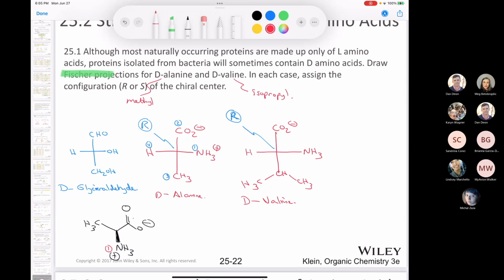I go from 1 to 2 to 3, like that. What did I do wrong here? Oh, I drew the natural form, so I need to draw the unnatural form. My mistake. So like this. So this would be D-alanine. This is the unnatural form. And you could do the same thing with D-valine.